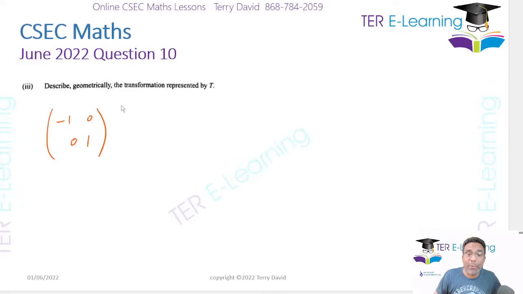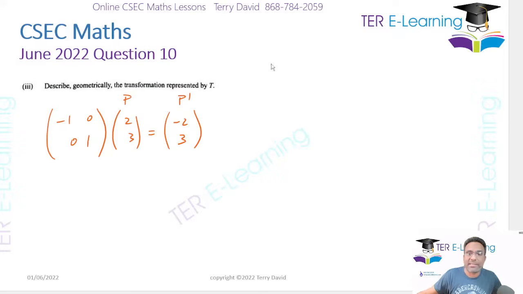I'll just make up a point. I'm going to make up a test point. I'm going to call it P, and I'm going to say, let's say that point is 2, 3, right? When I multiply this out, I'm going to get P prime. So minus 1 by 2 is going to give me minus 2, and then 0 by 3 is 0. So this is minus 2. And then 0 by 2 is 0, 1 by 3 is 3.